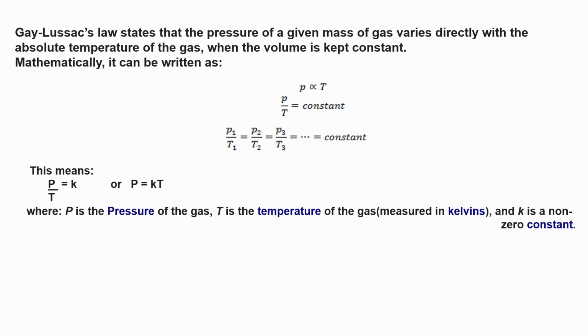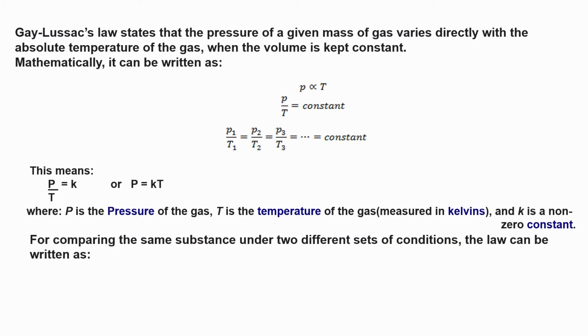This means that P over T is equal to K, or P is equal to KT, where P is the pressure of the gas, T is the temperature of the gas measured in kelvins, and K is a non-zero constant.